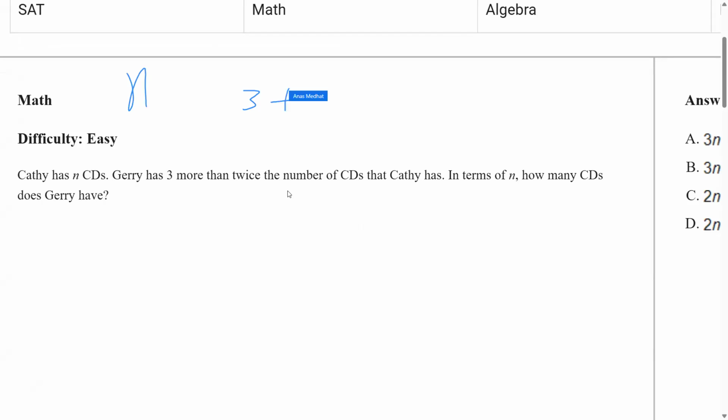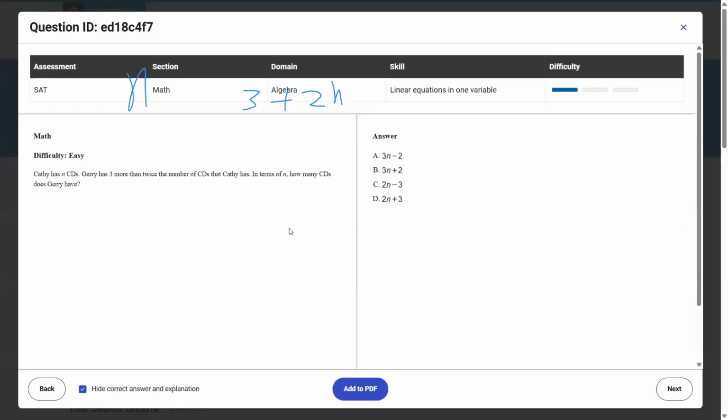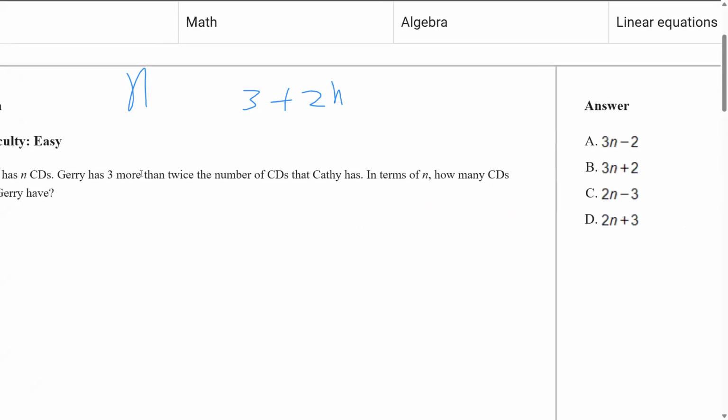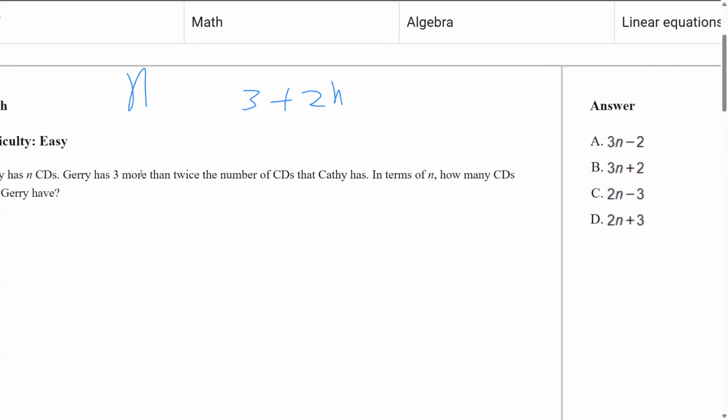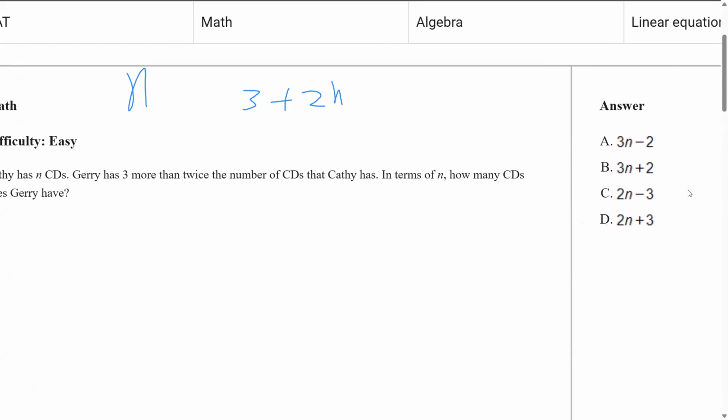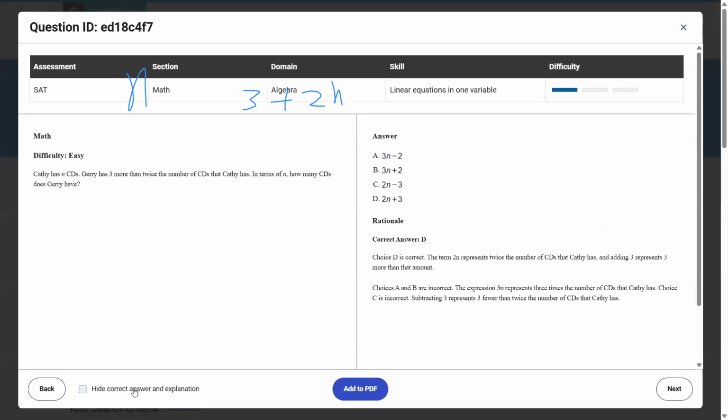So 3 plus 2n. In terms of n, how many CDs does Gary have? 3 plus 2n, so the answer should be D.